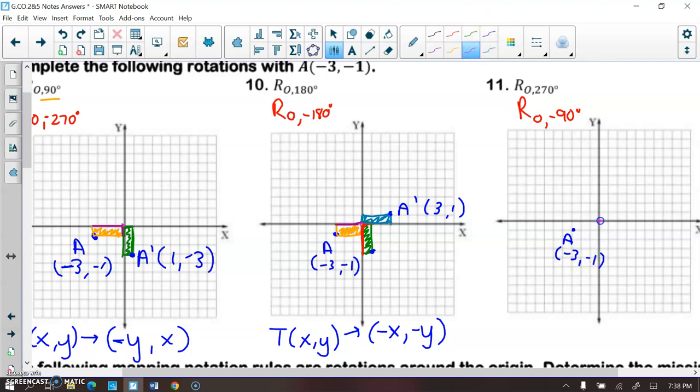And my center of rotation I'm going to highlight. And now I'm going to draw my box.